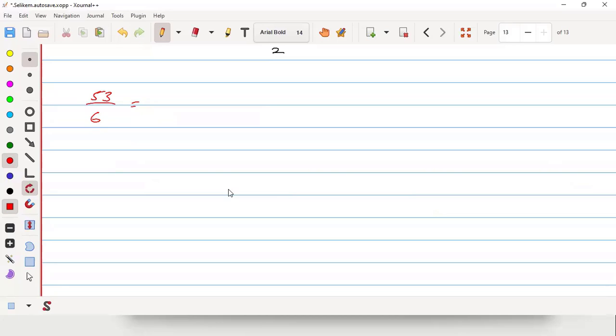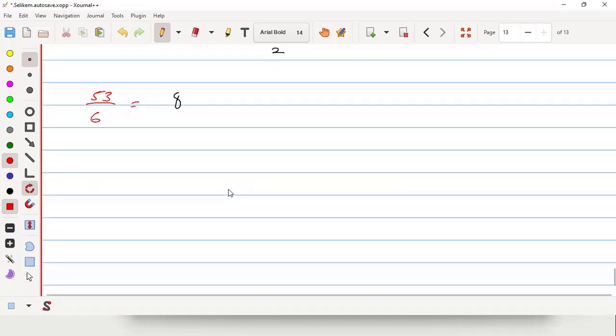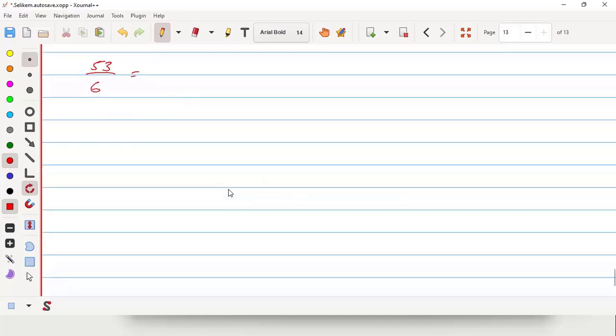So 53 over 6 would be, wait, let me go up small. Clear the annotation. So it's, no, I think it's 5.